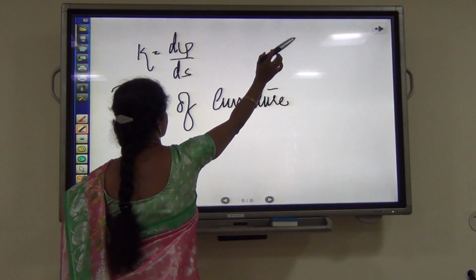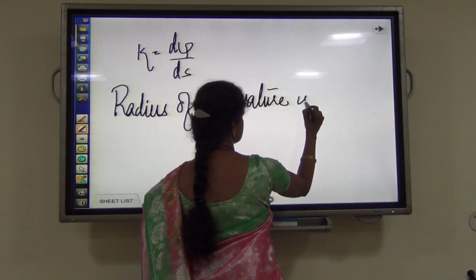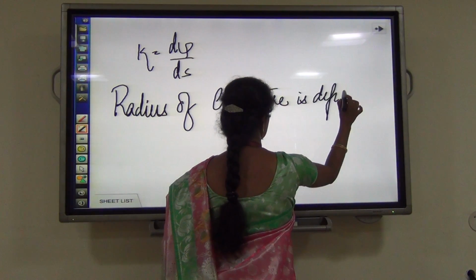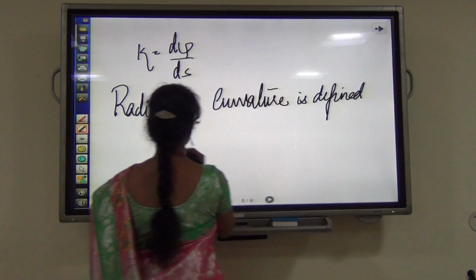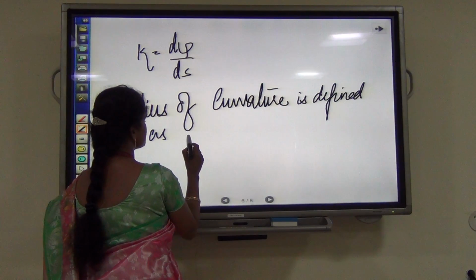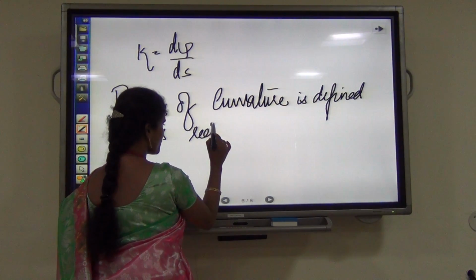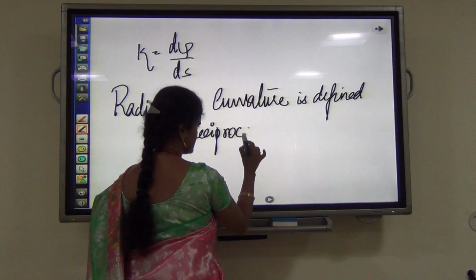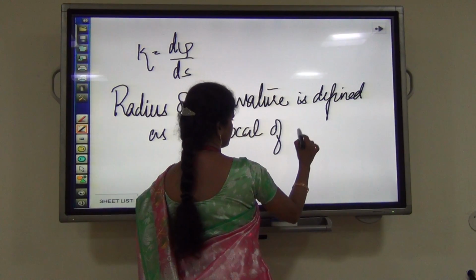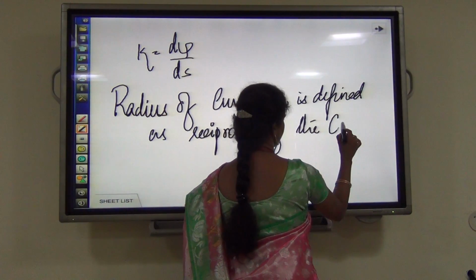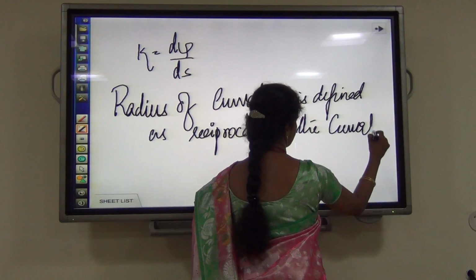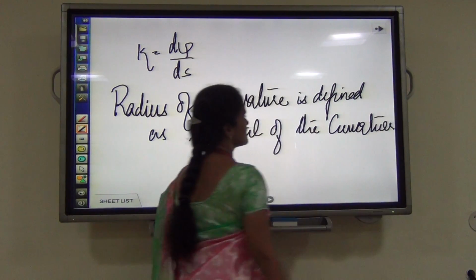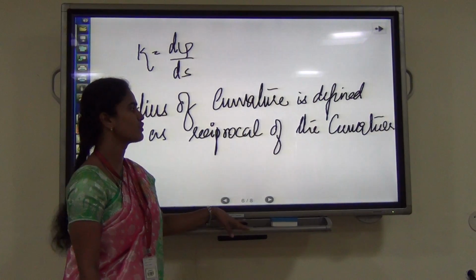So the radius of curvature is defined as the reciprocal of the curvature. Radius of curvature is defined as reciprocal of curvature.